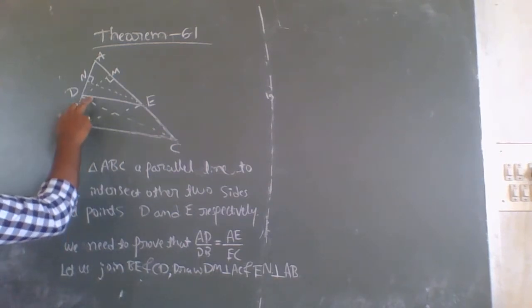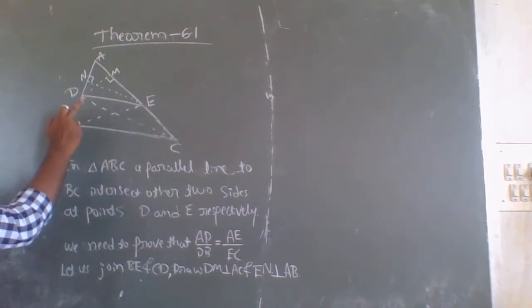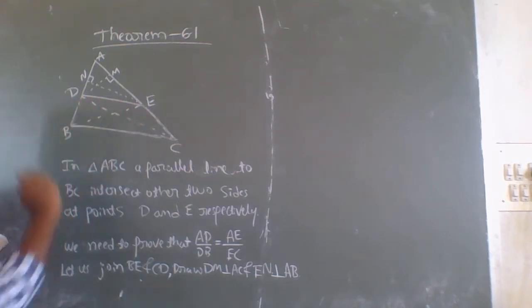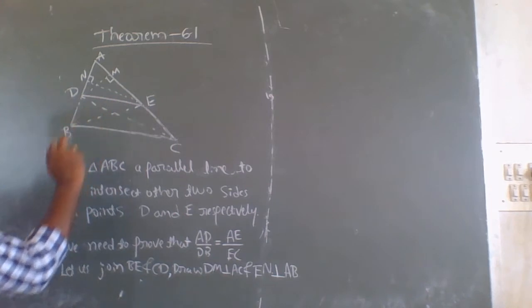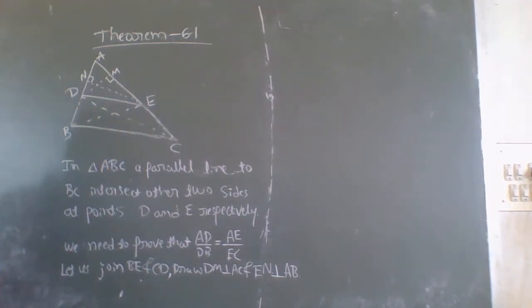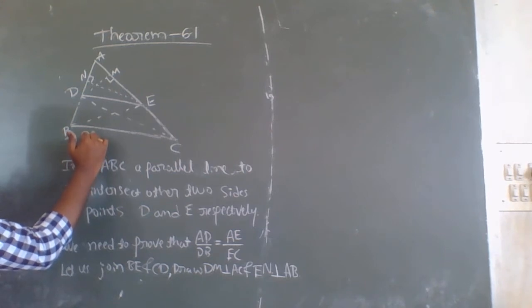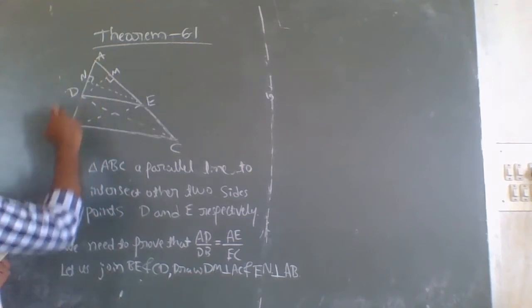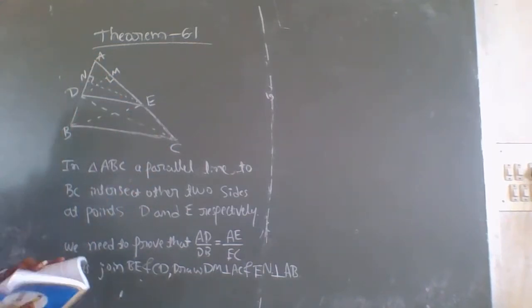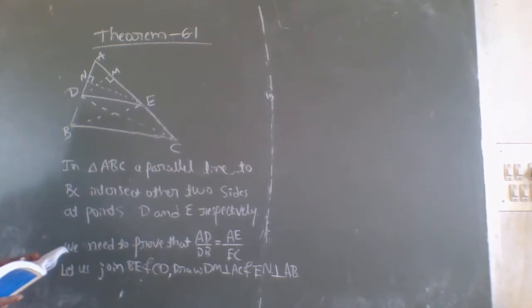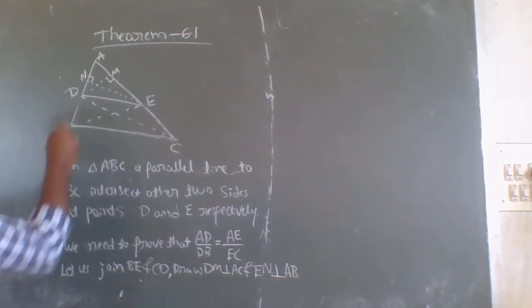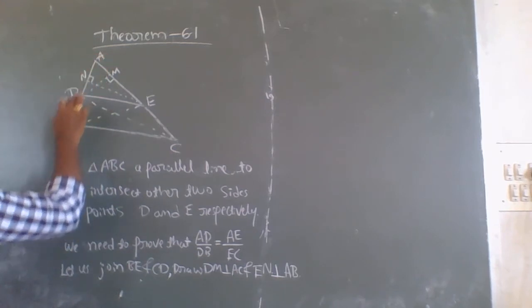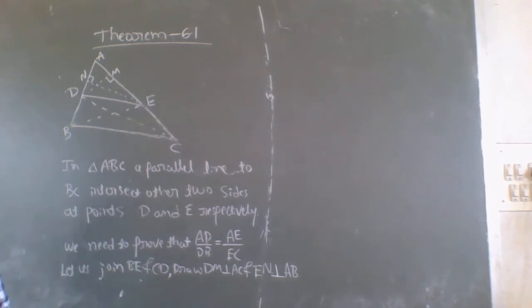So here the parallel line to BC, DE, is intersecting the other two sides AB and AC in distinct points. The other two sides are divided in the same ratio. Means these two sides AB and AC are divided in the same ratio.